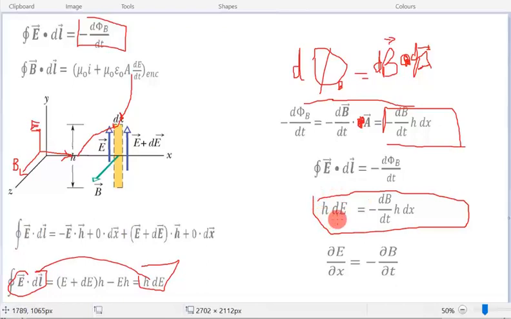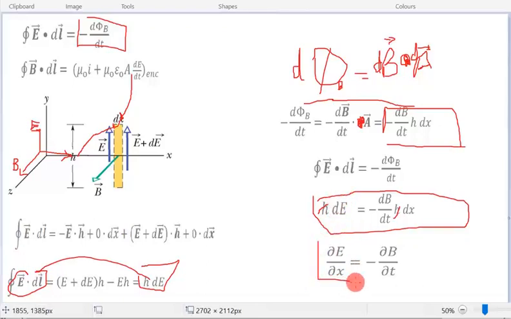So that HdE now becomes equal to negative dB dt h dx. We can take away the h, and we have dE equals negative dB dt, then dx. Then we divide through by dx so that the dx becomes a denominator under this one.